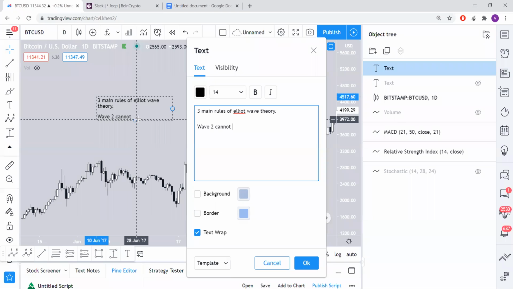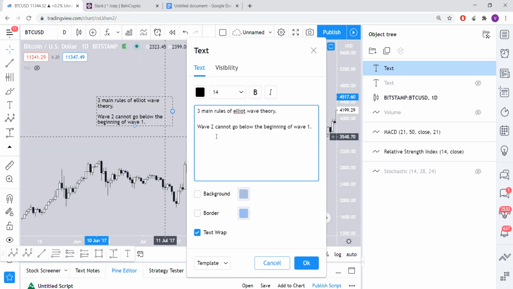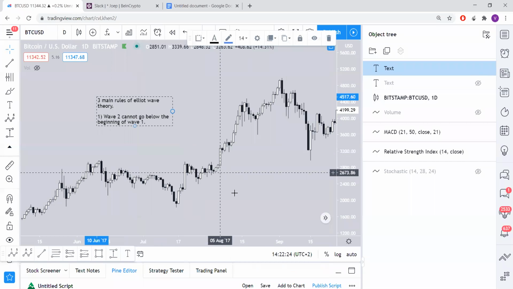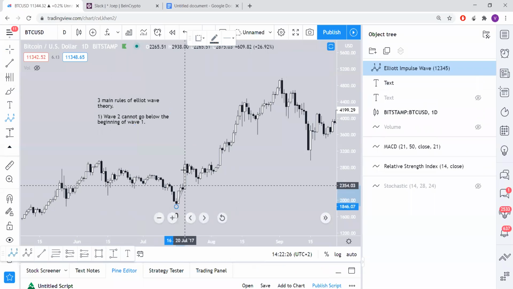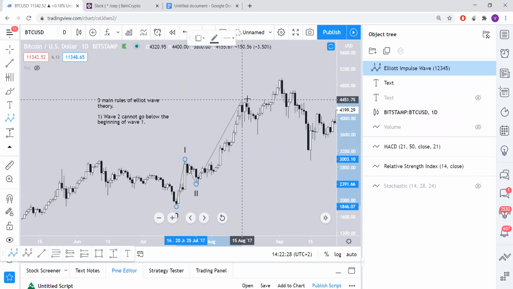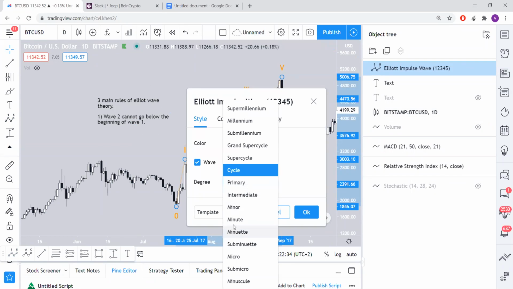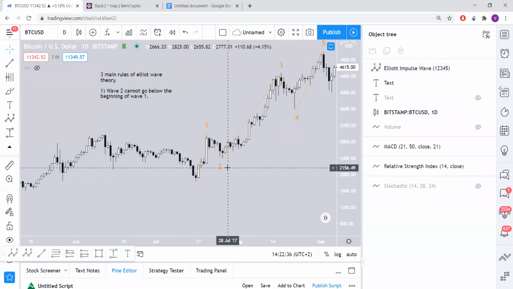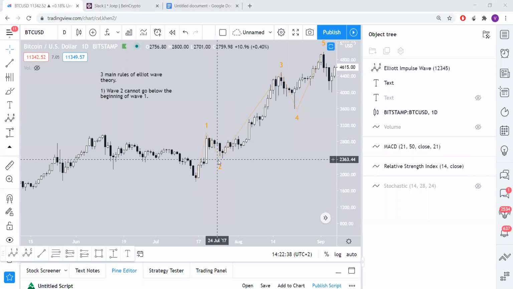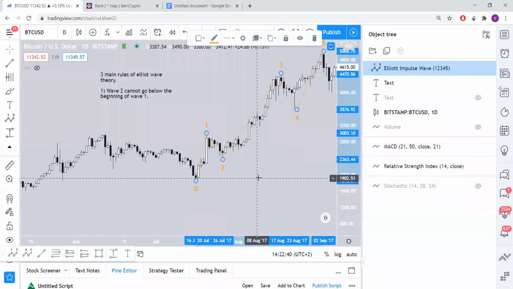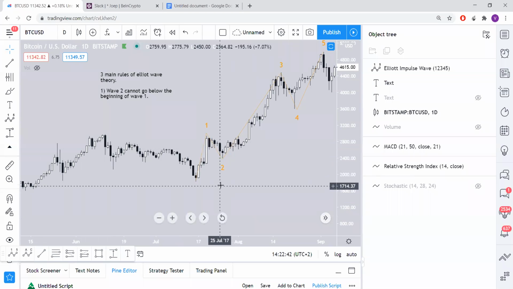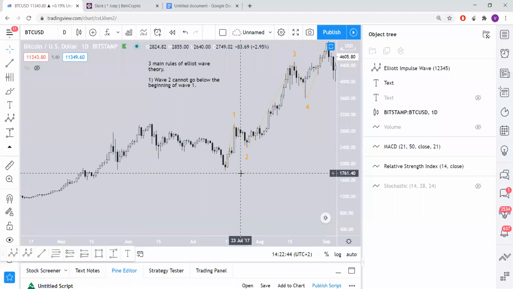Wave 2 cannot go below the beginning of wave 1. I'll just go through them one by one. So let's do the same one we had before. In this case, as we saw previously, wave 2 was right at the 0.5 fib level of wave 1, so it did not go below the bottom of wave 1.